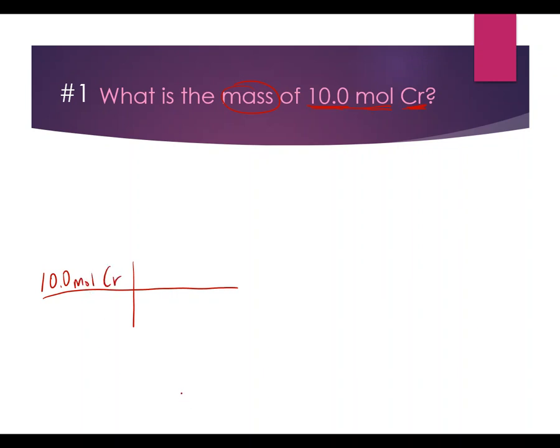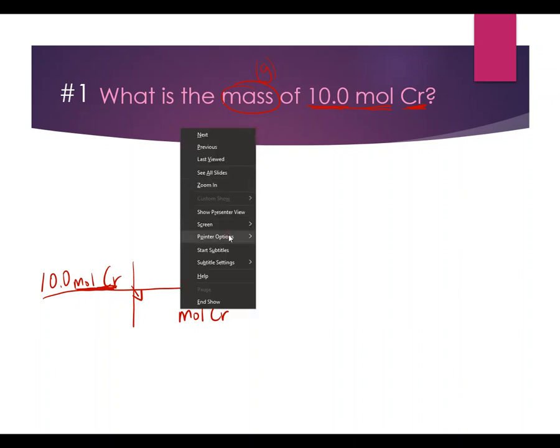The unit and substance go there too. Now, specifically what I need to do is take my moles of chromium here, and that needs to go down here. I need to diagonal that down. And it wants mass, and of course mass is measured in grams, so the grams is going to go up here, grams of chromium.